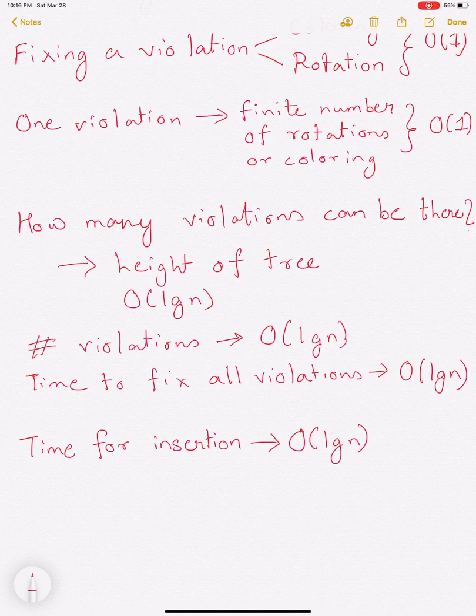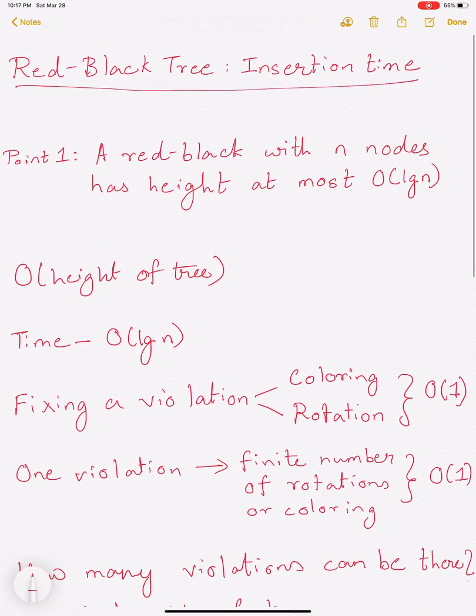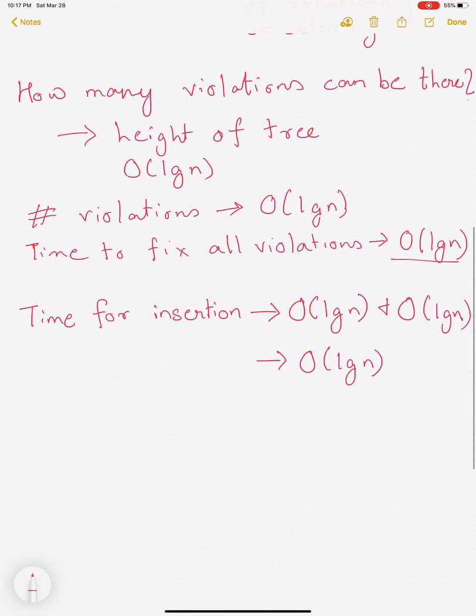To rebalance, we do rotations and recoloring, and what we just studied is that fixing all these violations is going to take an additional O of log n time. Therefore, O of log n plus O of log n is going to give us O of log n. Therefore, the time to insert a node in a red-black tree, which includes fixing the red-black tree once we've done this insertion, is going to be O of log n.